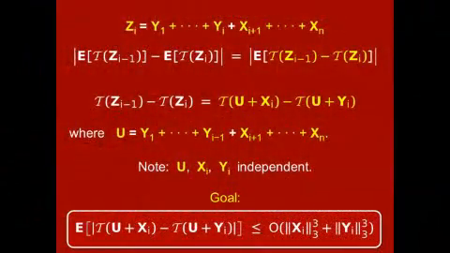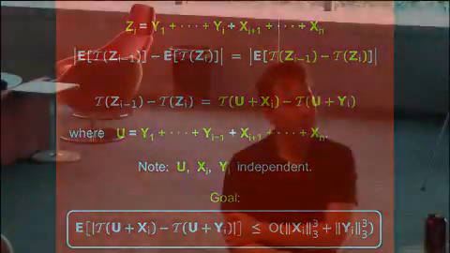Okay, so let's look a little bit more carefully at what z i minus 1 and z i are, because they're quite similar, right? Let's also just quickly use linearity of expectation. This is a small step, but it's important. Expected value of the difference of t of z i minus 1 and t of z i. Okay, so what is t of z i minus 1 and t of z i? Well, actually, these are almost the same thing, right?